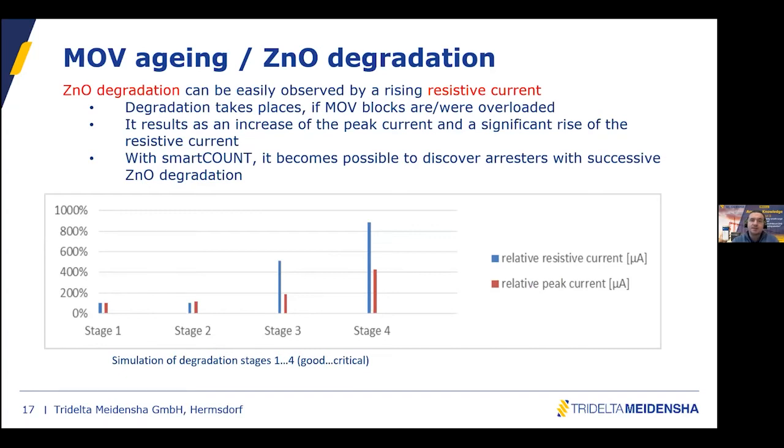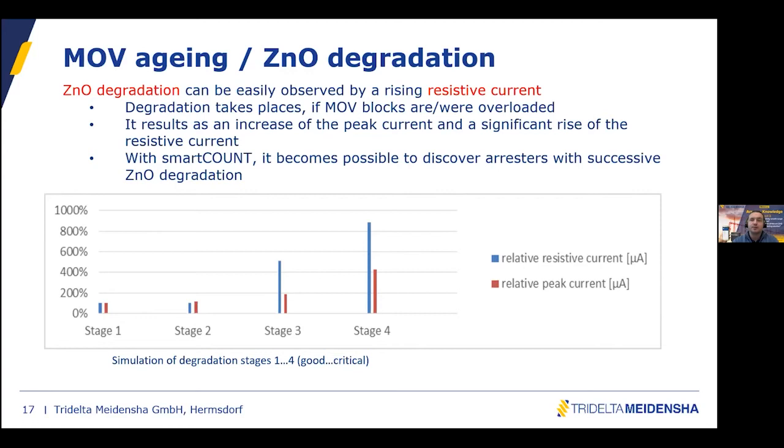This is quite important. There are different root causes, different reasons for having a degradation of MOVs. It could be several blocks which are losing their performance. It could also be one block that fails.